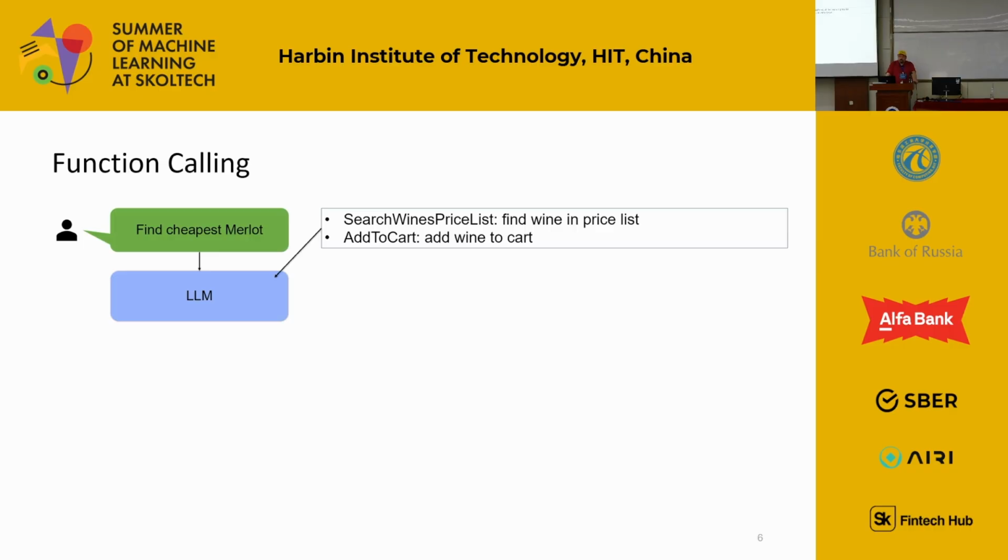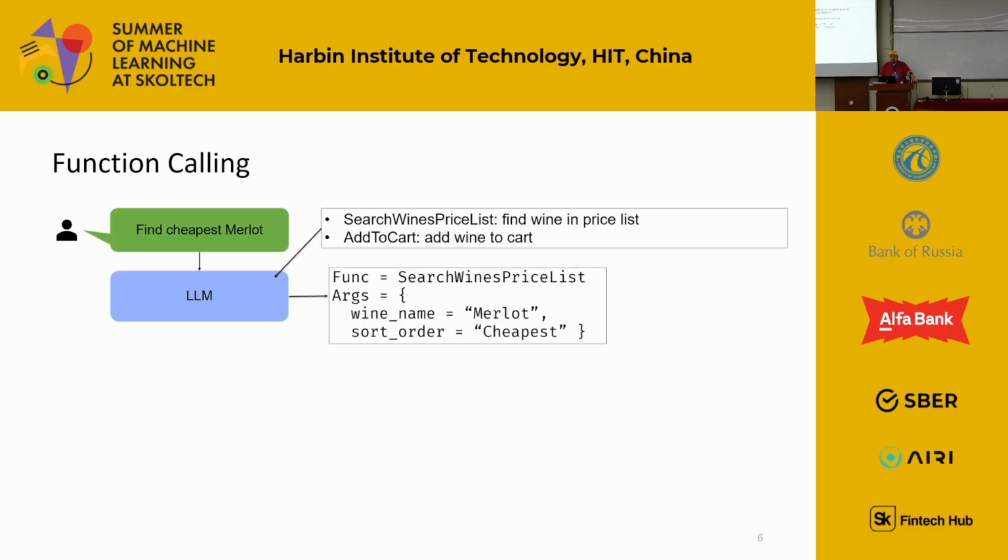How that happens: during training, those who trained the model provided a lot of samples with function calling, and they trained the model to react when it feels that it needs to do a function call. So function calling is something built into the model at the training stage. So then the LLM decides to call a function. Well, sometimes it doesn't, but in this case it should probably decide to call a function.